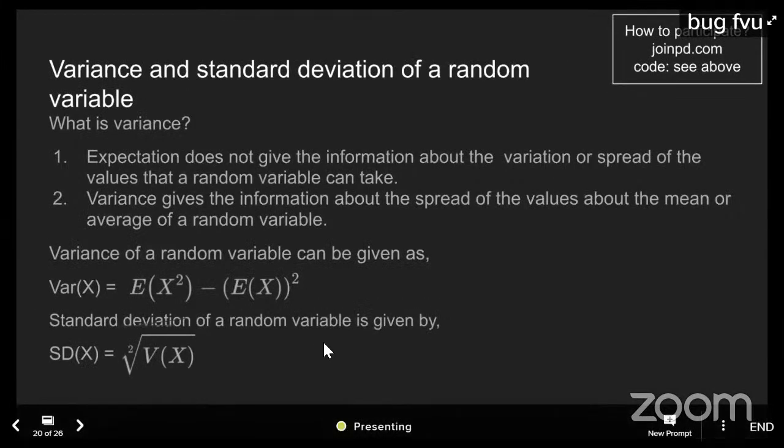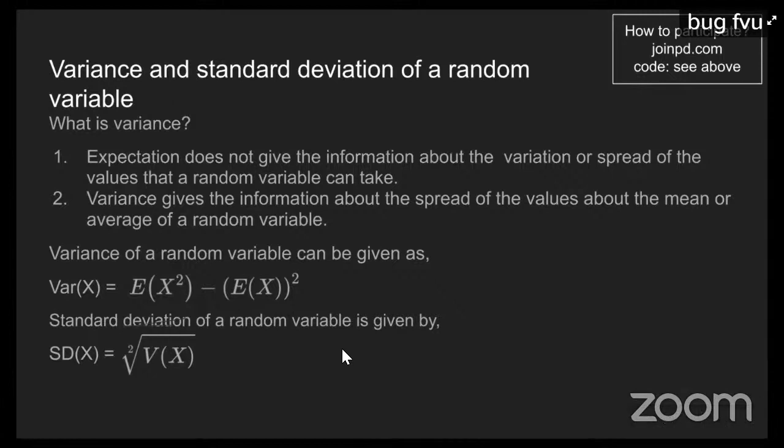Okay. So you all know what is variance and standard deviation of a random variable. It's the same thing as we studied in weeks 3, 4, but now we are doing the same in terms of the random variable x. Expectation tells you about the mean value or the average value of the random variable, whereas variance gives the information about how much your values deviate from that average.